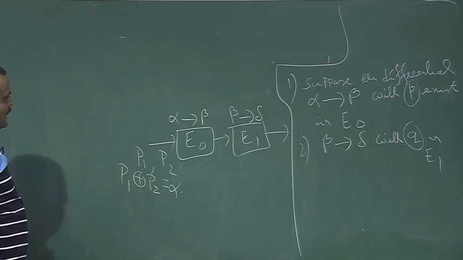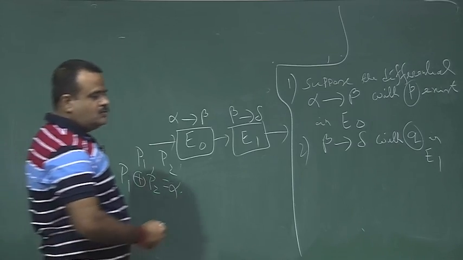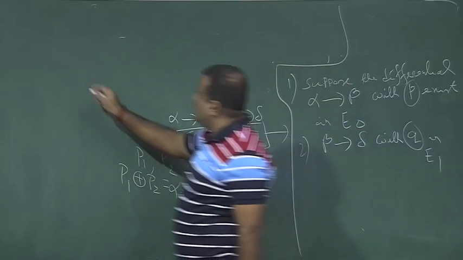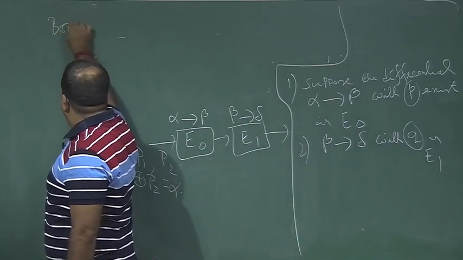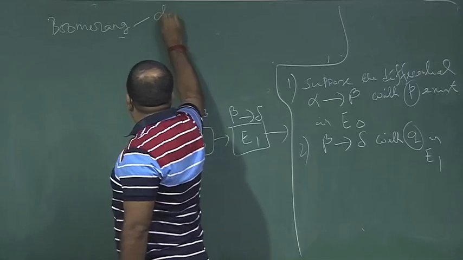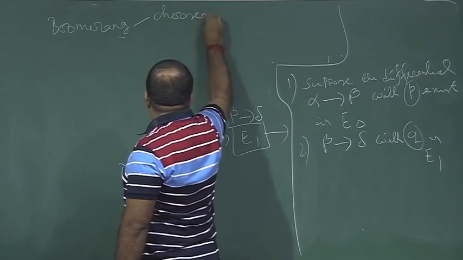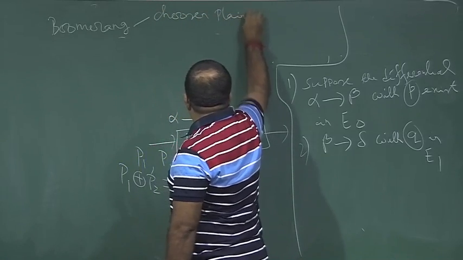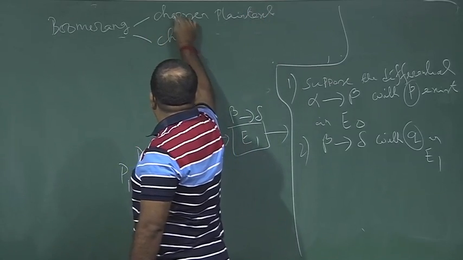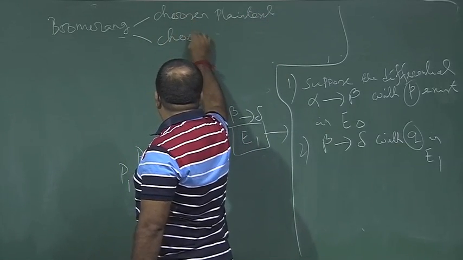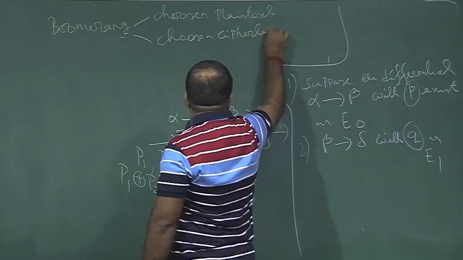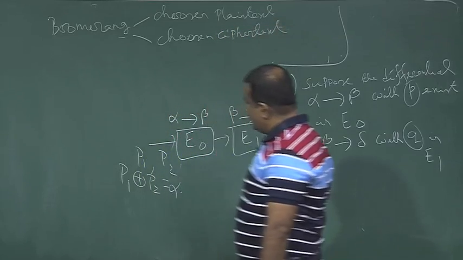This is a chosen plaintext attack, and not only that, it is also a chosen ciphertext attack. So, the boomerang attack is chosen plaintext as well as chosen ciphertext. Why chosen ciphertext will come in a moment.